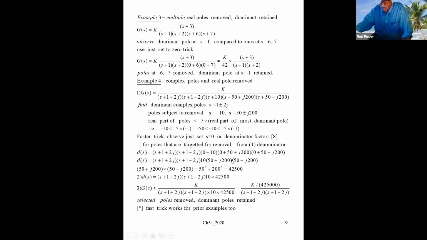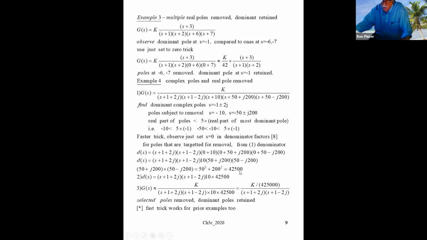Notice that these numbers are complex conjugates, and therefore A plus jB times A minus jB is just going to be A squared plus B squared. So we get the A squared plus the B squared. I'll let you check the arithmetic with your calculator, unless you can do it in your head.